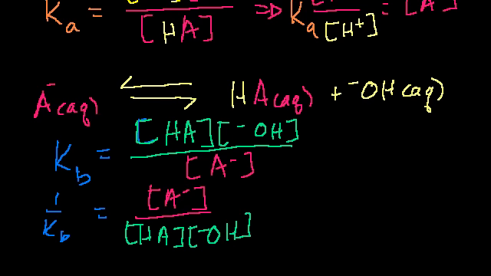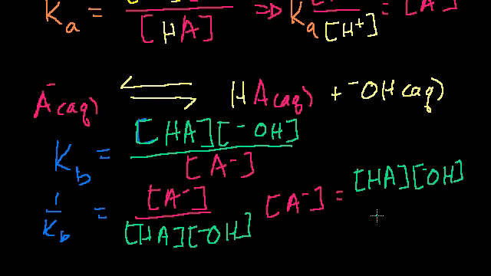Multiply both sides by this, and I get A minus is equal to my concentration of my conjugate acid times concentration of hydroxide, all of that over my base equilibrium constant.